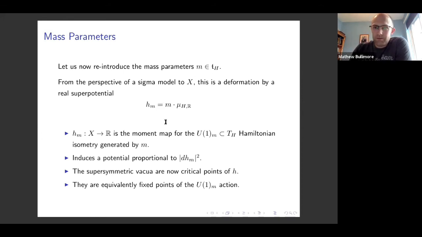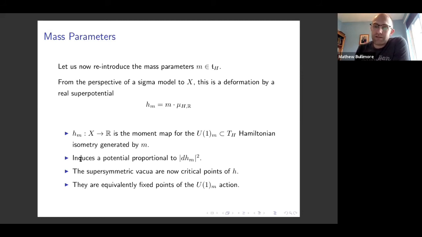Okay, so this is actually a perfect Morse-Bott function. Doesn't matter too much, but the point here is that from a sigma model point of view, it introduces a potential into the theory. It introduces a potential term that's like the mod squared of the derivatives of this function h. And so it's trying to localize things in the sigma model onto critical points of the function h.